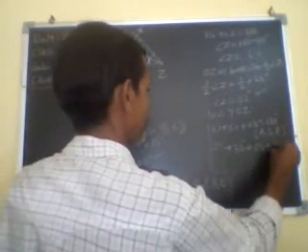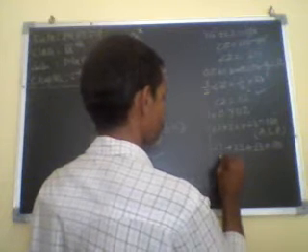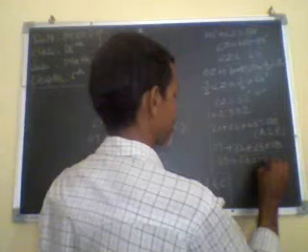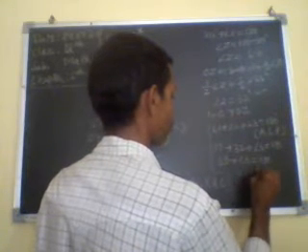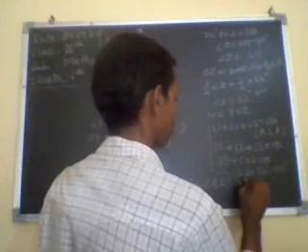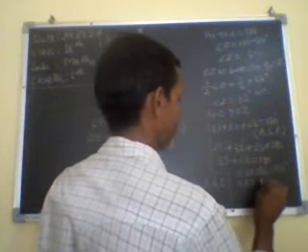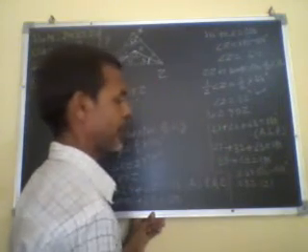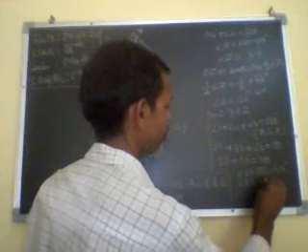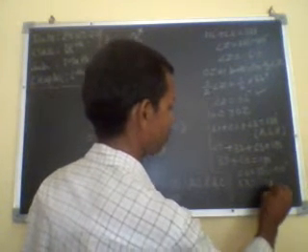27 plus 32 is 59, so 59 plus angle 3 equals 180 degrees. So angle 3 equals 180 minus 59, which is 121 degrees.